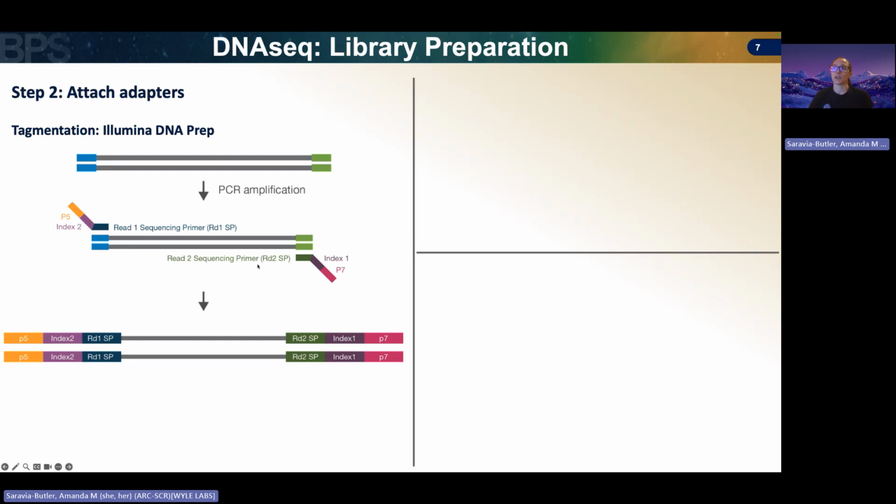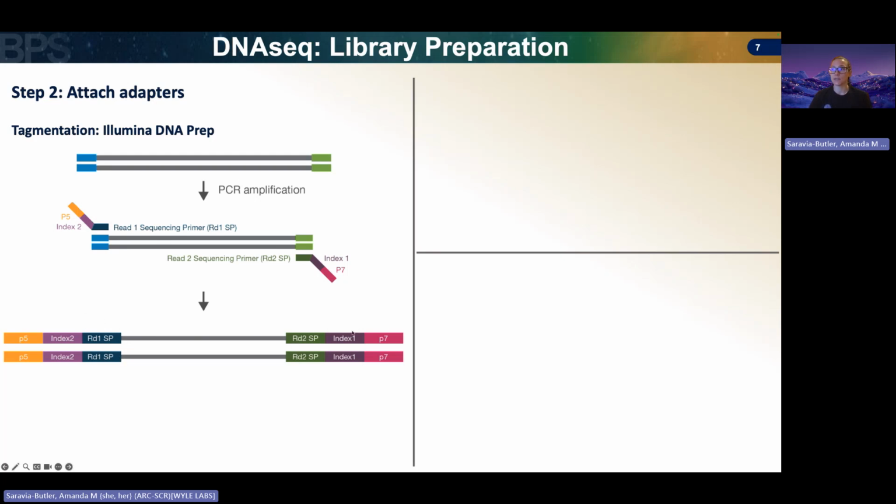Then we're going to undergo PCR amplification, which is just making copies of this double-stranded piece of DNA, but now each copy will also include this index region and this P5 and P7 region on either strand. And so after this step, we're going to be left with our unknown DNA target, a template that we want to sequence. We're going to have our sequencing priming regions on either side of our unknown strand.